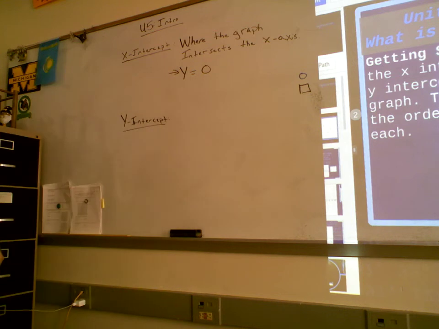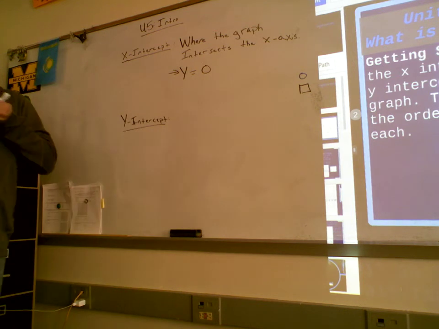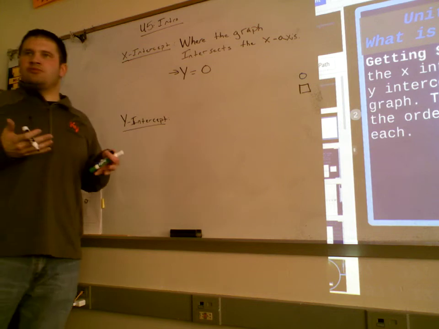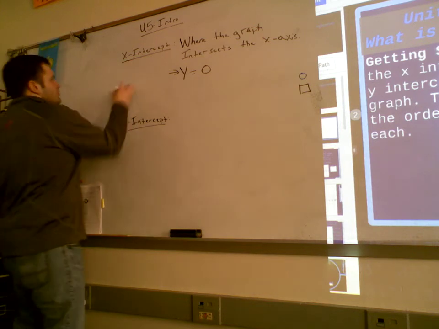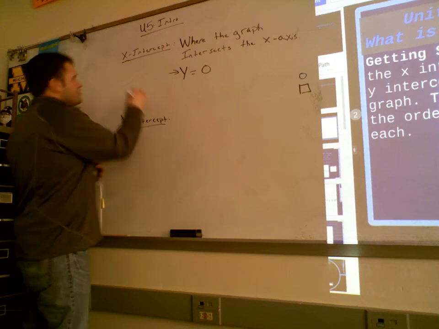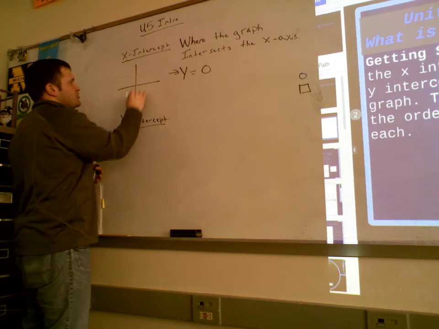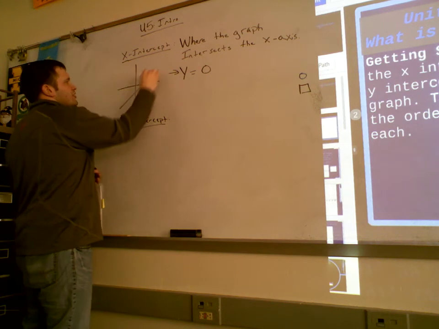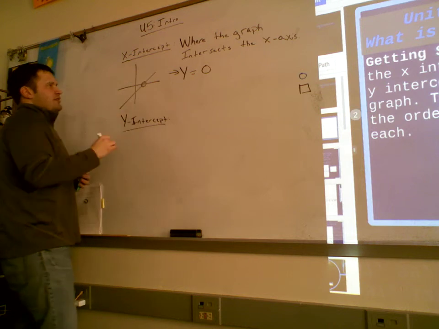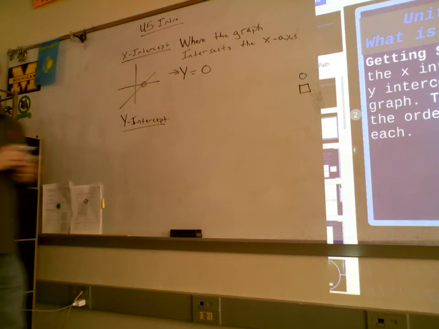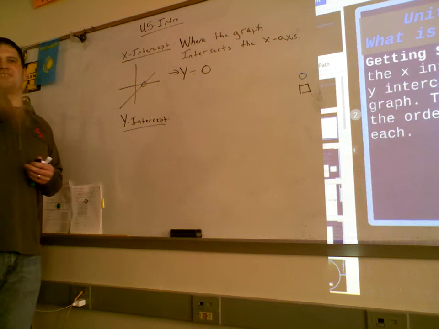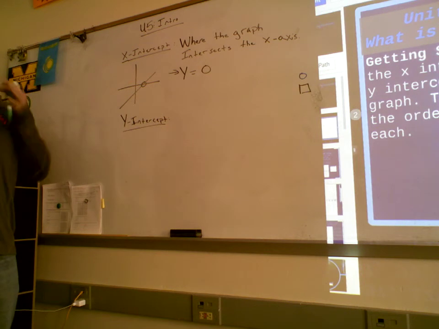Okay? Because when we're on the x-axis, do we have a height? No. Okay. I guess on your notes you already have a nice picture. If you're taking notes on line paper, which you don't have to if you don't want to. All right. This spot right there, that's our x-intercept. It has no height, does it? It's right on the x-axis.